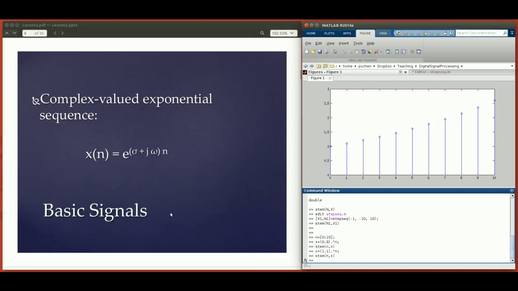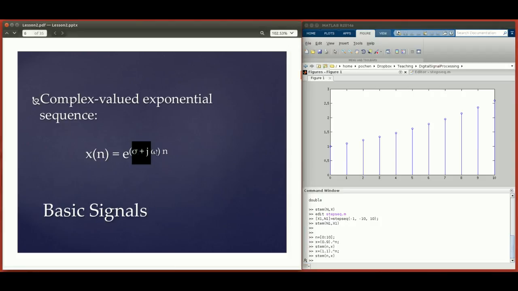If you have learned about complex numbers before, we also have a complex valued exponential sequence. Here is how you can represent it: x[n] equals e to the power of sigma plus j omega, all raised to the nth power. Here e is the natural number, and j is the imaginary unit, so the number in the parentheses is a complex number with a real part and an imaginary part.